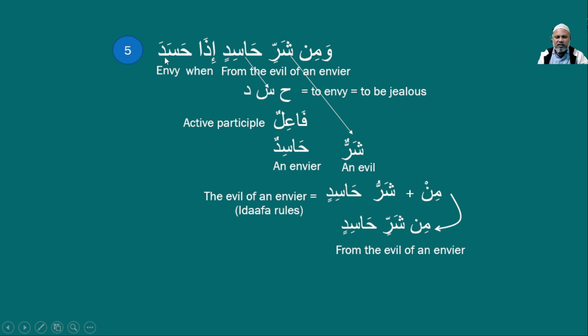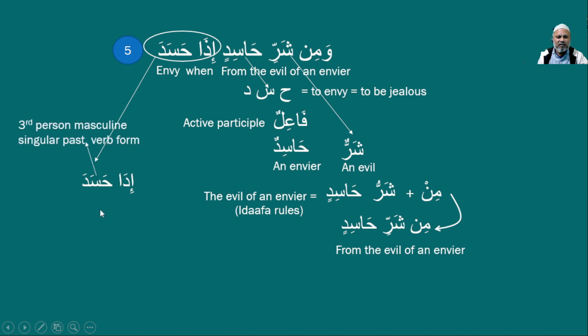This is the noun and this is the verb, he envies, when he envies. This is the past tense, but the actual meaning will be in the present tense because of this iza. Iza always follows a past tense verb, but the meaning will be in the present tense.